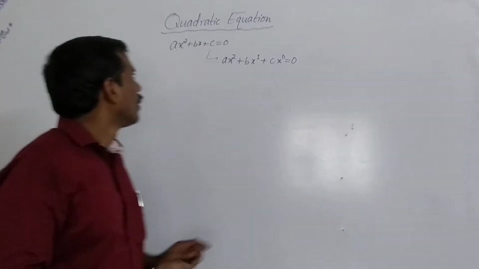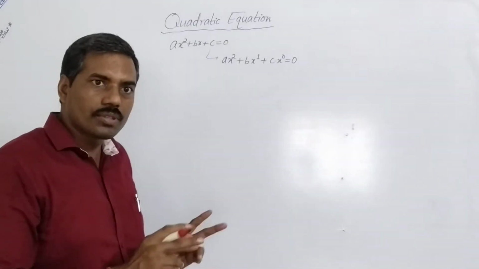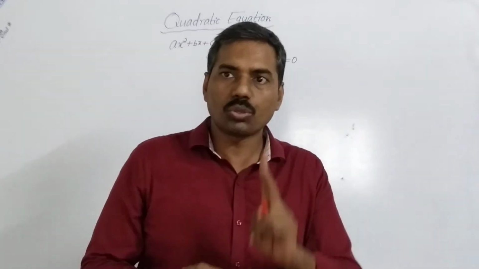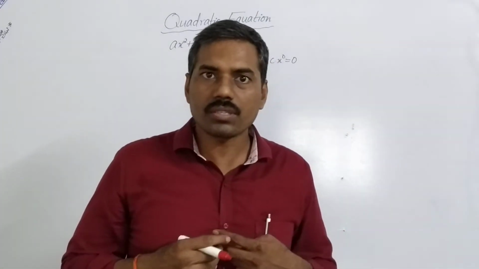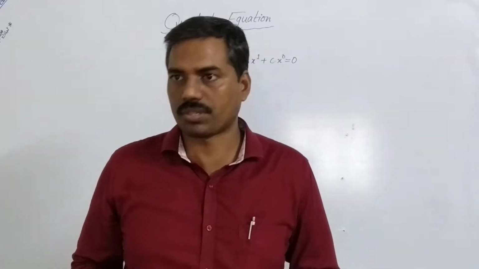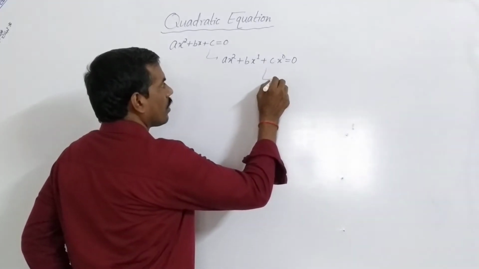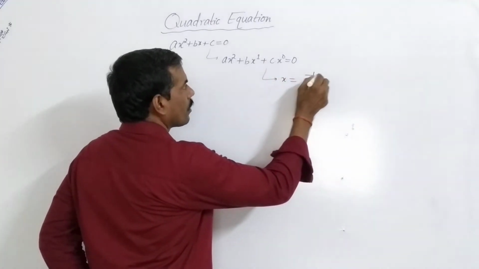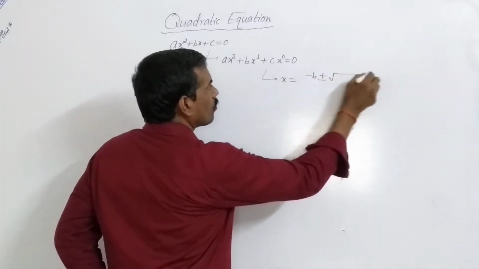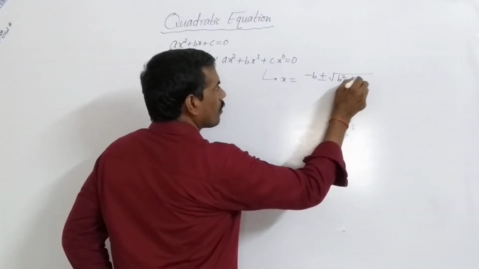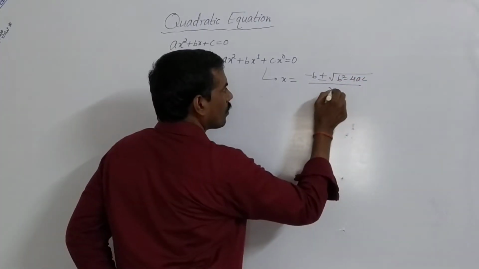Since the degree of this quadratic equation is 2, it gives us 2 roots, or you can say 2 solutions, which are written as x is equal to minus b plus minus under root of b square minus 4ac upon 2a.